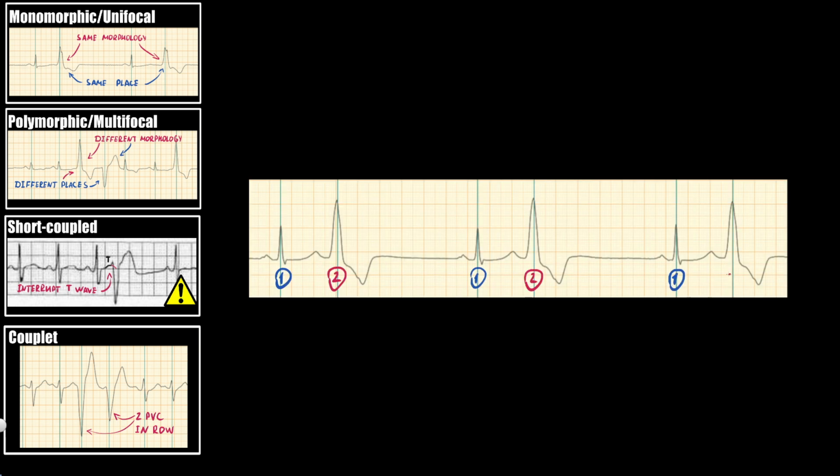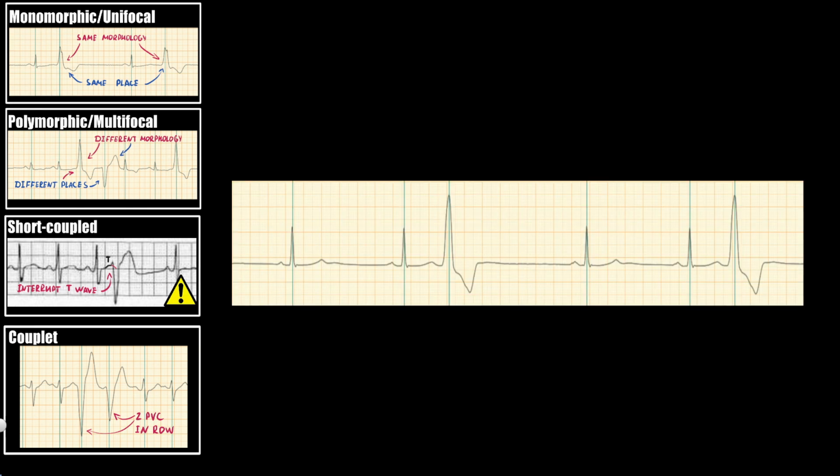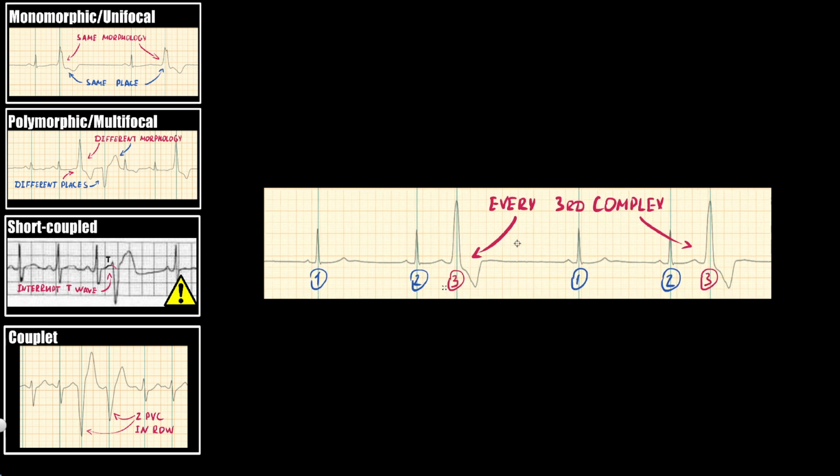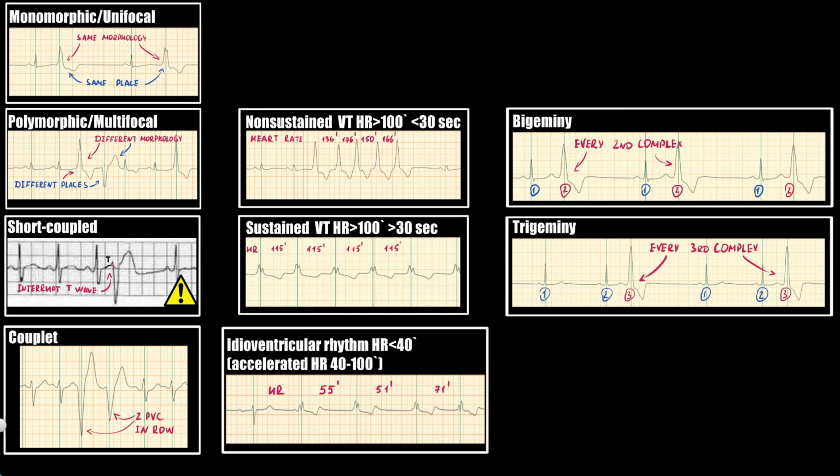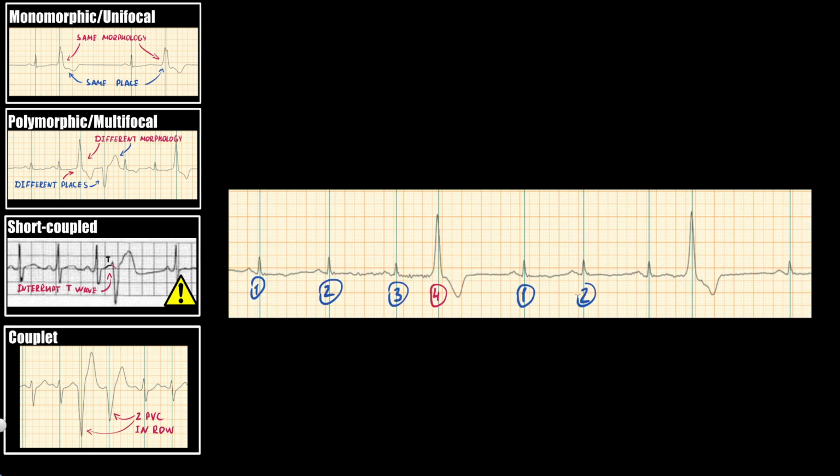A situation when every second complex is PVC is called ventricular bigeminy. A situation when every third complex is PVC is called ventricular trigeminy. And every fourth, ventricular quadrigeminy, respectively.